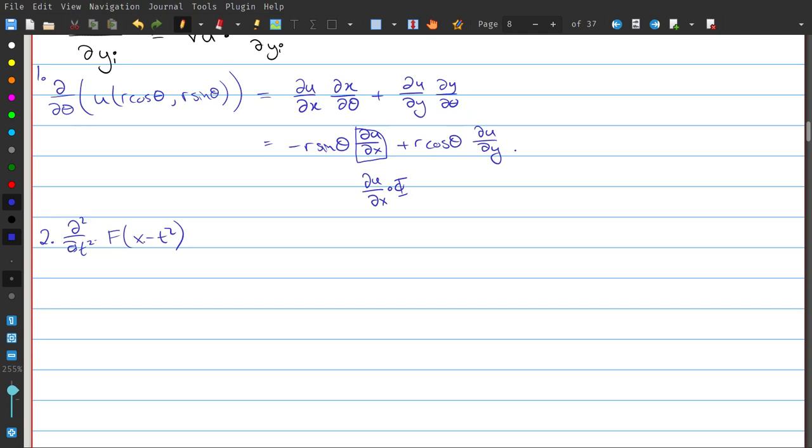So again, implicitly what we have here is a change of coordinates. So we might have something like v, which is x minus t squared. So you have a function f of v, and then we've made the coordinate transformation that v is equal to x minus t squared, like so.